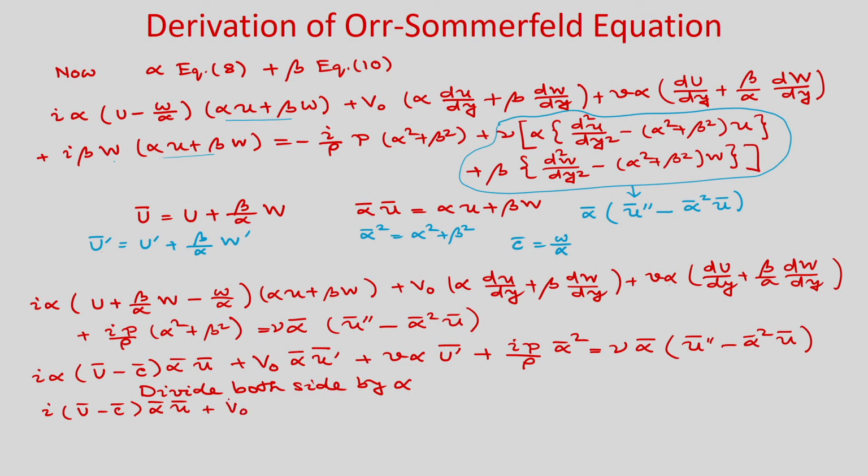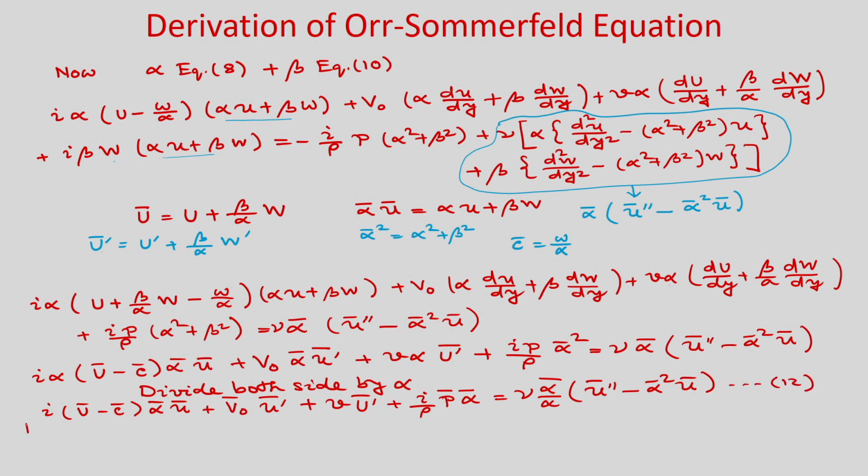So, we will get v naught bar u prime bar plus here you will get v u prime bar plus i by rho p. So, it will be alpha bar p bar, because p by alpha will be p bar by alpha bar, and one alpha bar will get cancelled, is equal to nu alpha bar by alpha u double prime bar minus alpha bar square u bar, and this equation, let us say that equation 12.